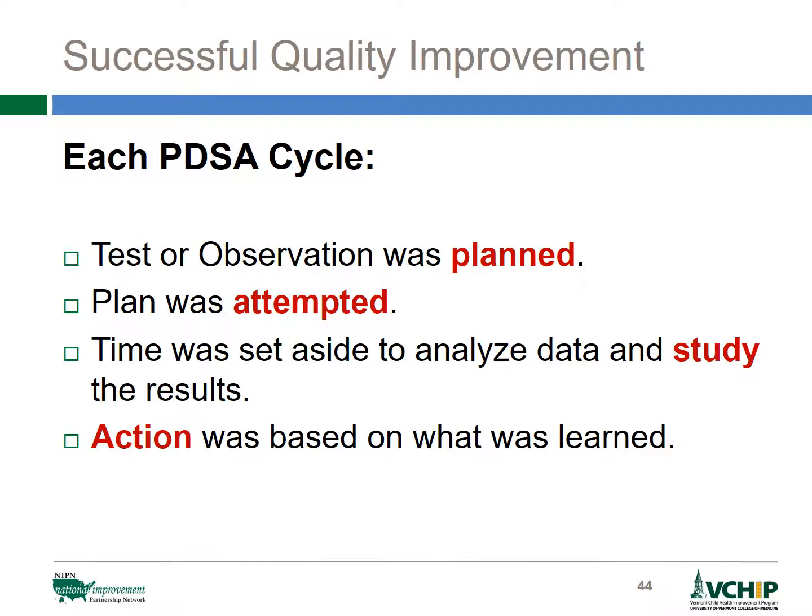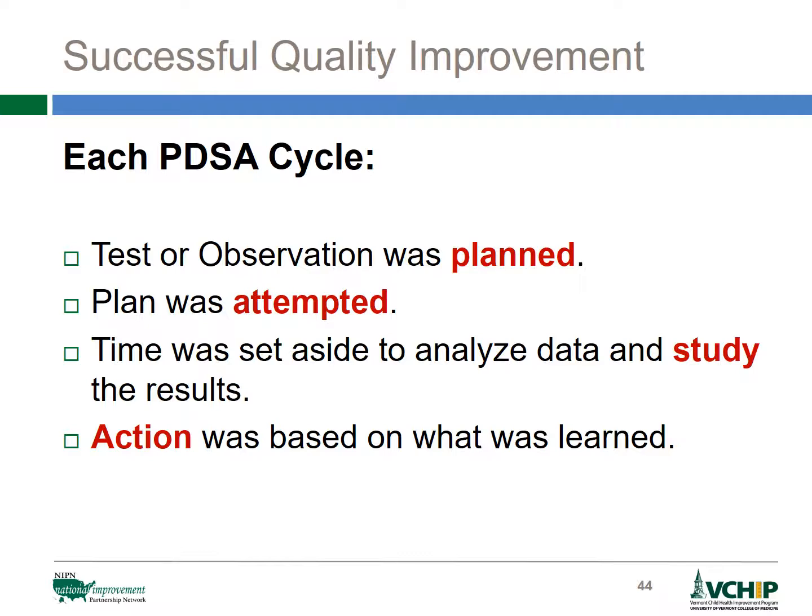So for successful quality improvement, each PDSA cycle has to be completed in full. And what we often find is that practices are really good at planning and doing, but then that's all they do. Plan, do, plan, do, plan, do. And often they aren't setting aside that time to analyze that data and talk as a group about what was learned, and then go into the act phase and decide what action they're going to take based on what they learned.